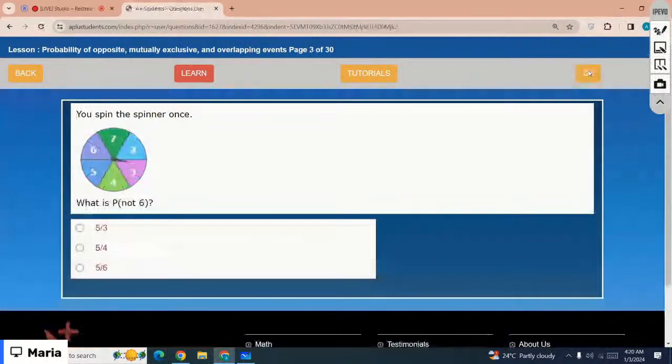You spin the spinner once. What is the probability of not 6, which is the correct option?